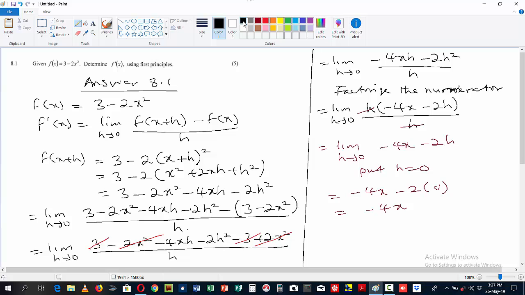We have already substituted for h, which is equal to 0, and minus 2 multiplied by 0 will give us 0. Therefore, f prime of x from first principle will give us minus 4x. So this is the answer for question 8.1.